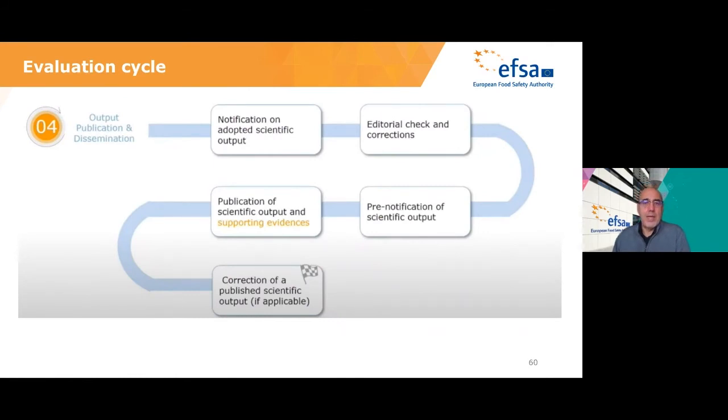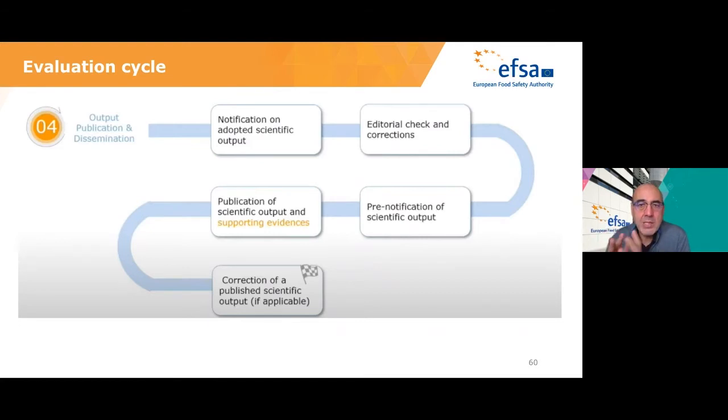So if the panel adopts the opinion, then we prepare the final draft, we do all the editorial changes and all the checks, and then we pre-notify the output to the European Commission and to the applicant under embargo before publication.